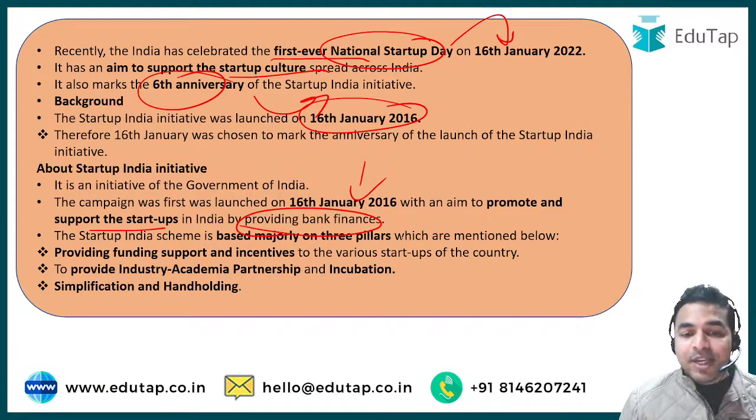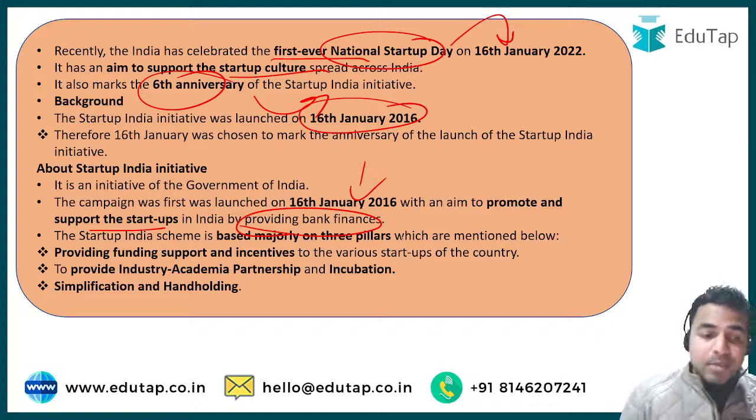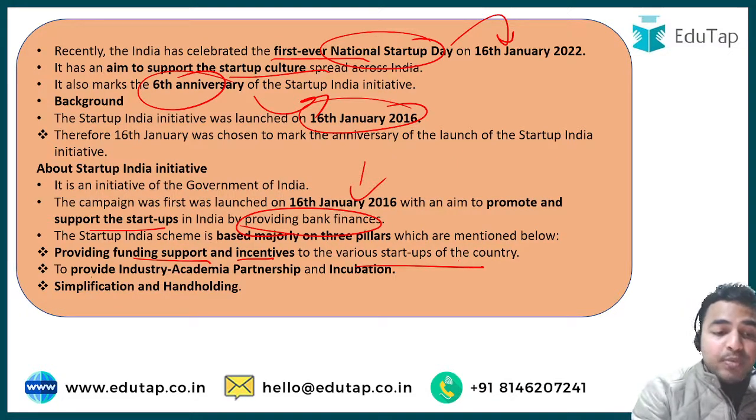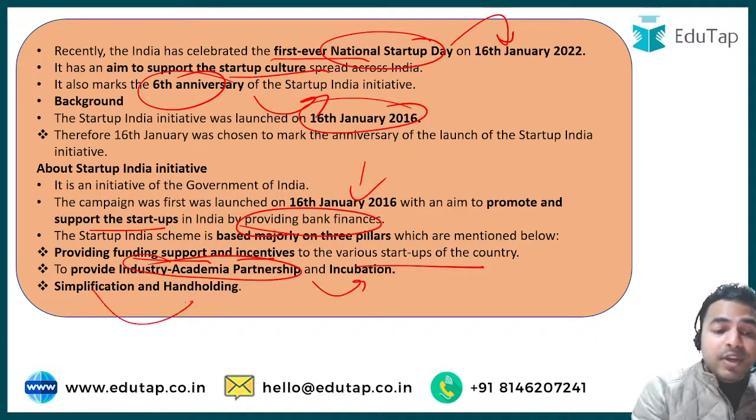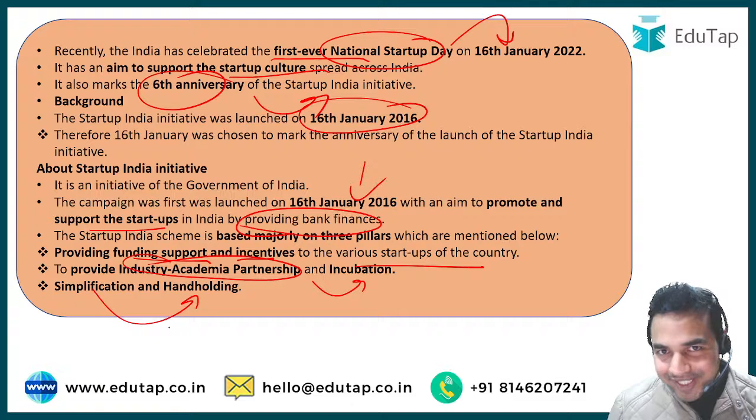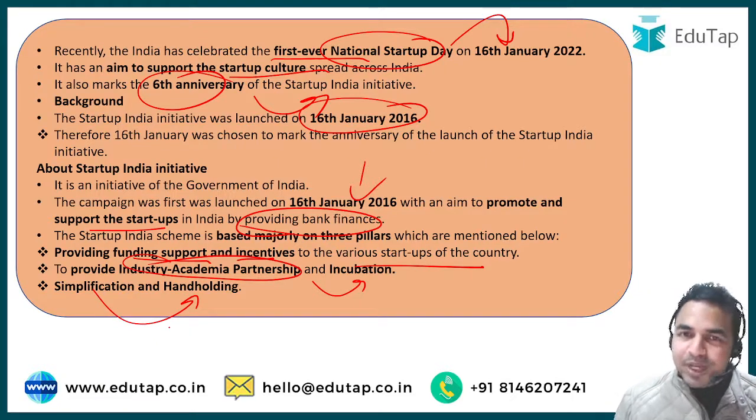And this scheme is based majorly on three pillars. What exactly are these three pillars? These are providing funding, support and incentives to the various startups of the country, then providing industry academia partnership and incubation, followed by simplification and hand holding for these startups. So that was all from this particular question.